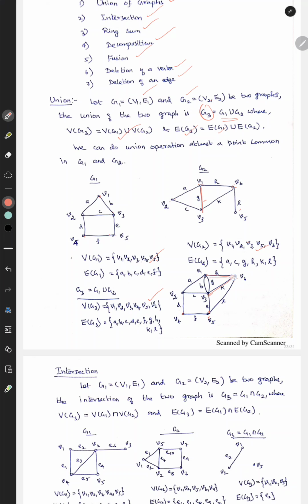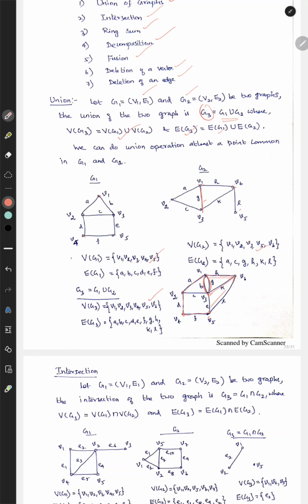So these edges are exactly coming from G2. Now V4 is not present in G2, so all the edges you have at V4 in G1, those same edges you will have here as well, right? Those are the only edges you have at V4. So D, which is from V4 to V2, and F, which is to V5, those edges are there, right?